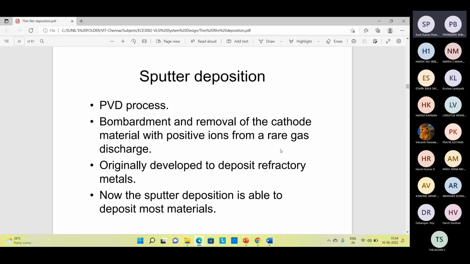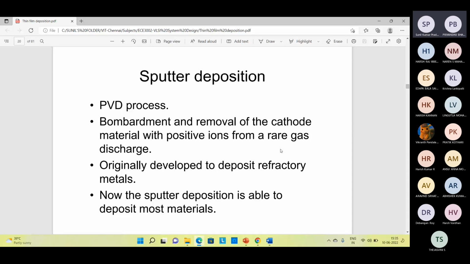The substrate material is considered to be the anode, that means a positive electrode is given. So when an electric field is given between this cathode and anode, our cathode material is our target material, from where the material is to be sputtered out.